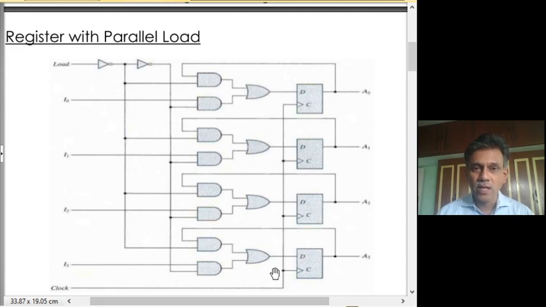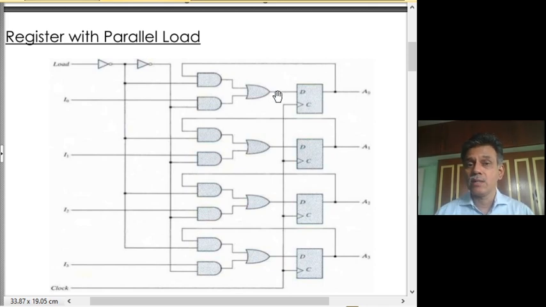So what we do is sample the output from these flip-flops and then recirculate it and store it back into these flip-flops. It might look a little funny to sample the output and then store it back rather than leaving it. But this is what you have to do, because we allow the clock pulse to come all the time. So whenever there is a clock transition, the D input is sampled and it gets stored.